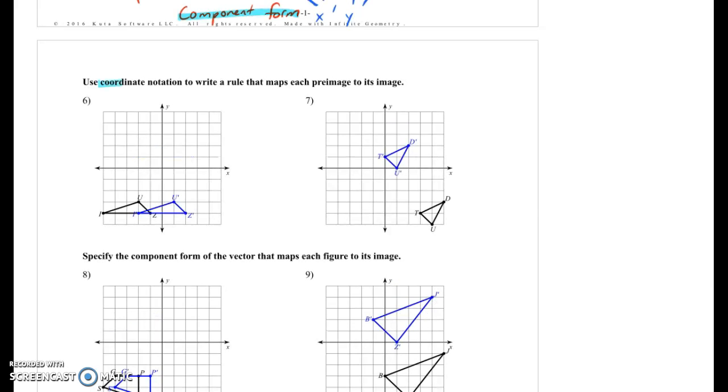So number 6 says use coordinate notation to write a rule that maps each pre-image to its image. So once again, coordinate notation is in this form: x comma y is mapped to x plus or minus blank, comma, y plus or minus blank.